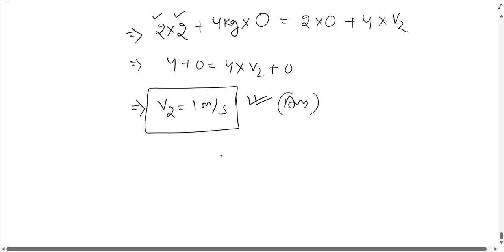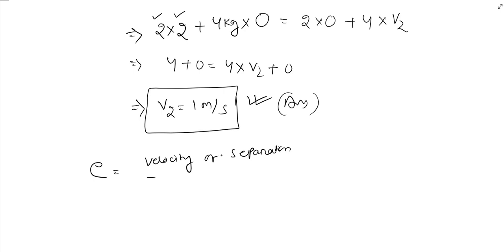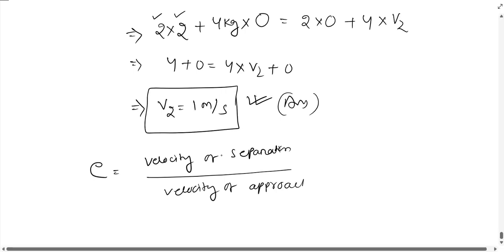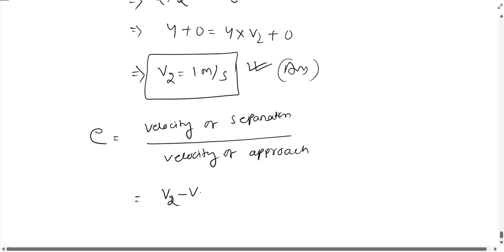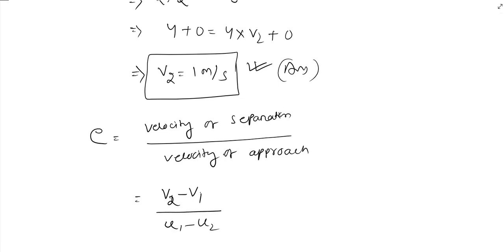Then the calculation of the coefficient of restitution. The coefficient of restitution is the ratio of the velocity of separation to the velocity of approach. That means e equals (v2 minus v1) by (u1 minus u2).